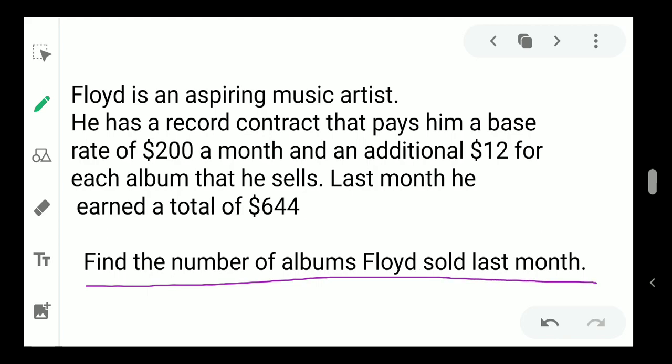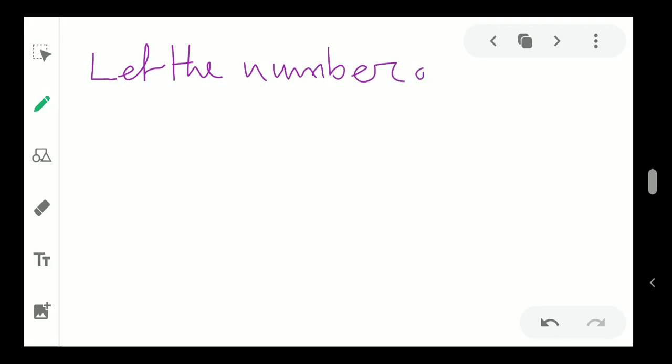So obviously we have to consider, let the number of albums be x, right? So the first step is this. Let the number of albums be x.